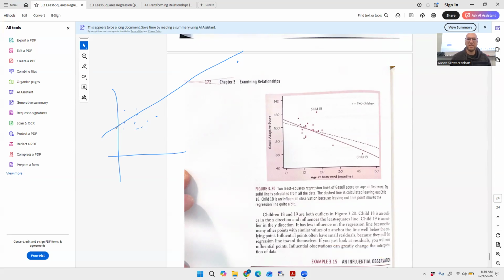Even though this was basically no correlation, you put one observation way out on X and you will get something of some significance.